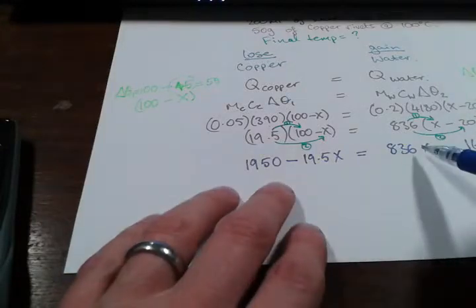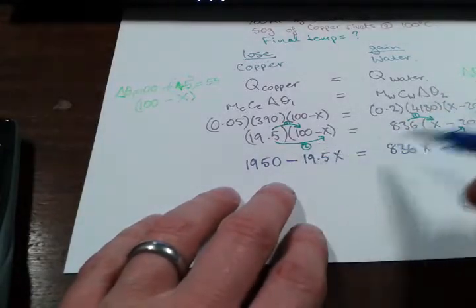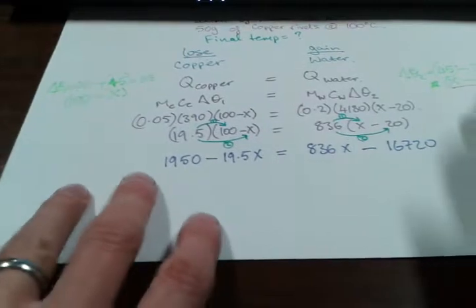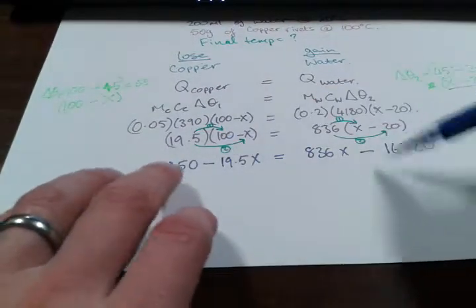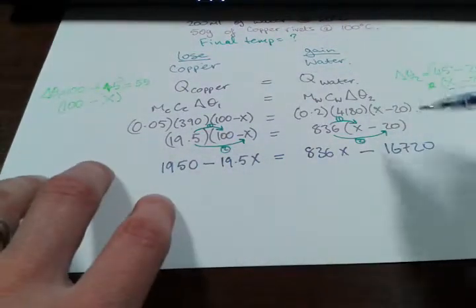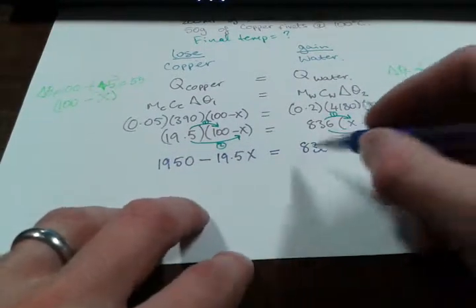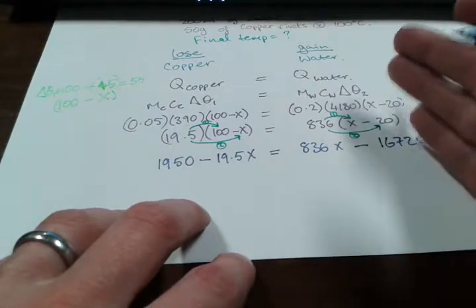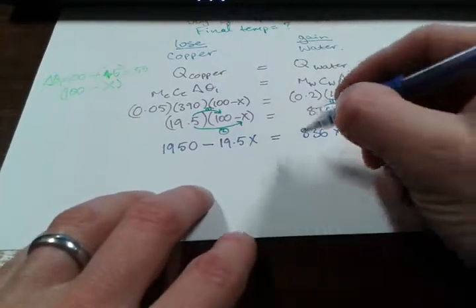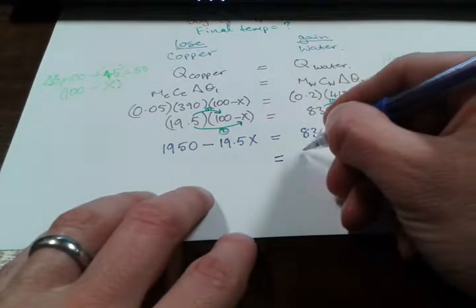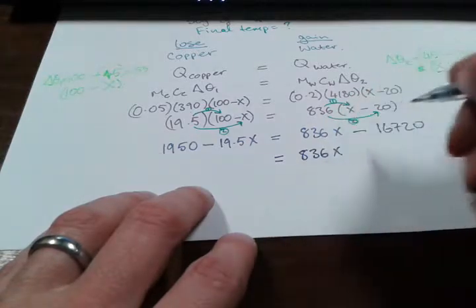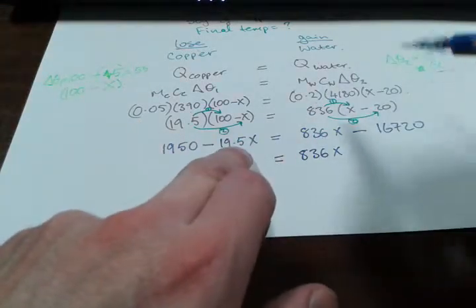Okay, now I need to gather up all my x terms onto one side of the equals, and I need to gather up all the constant values onto the other side. So to keep everything positive instead of having negative signs everywhere, I'm going to bring all my x terms onto my right-hand side of my equation. So over here I'm going to have 836x, and I want to bring this over to the other side.